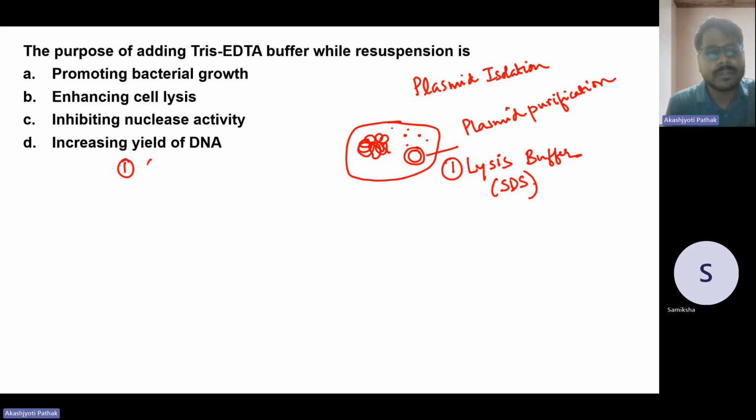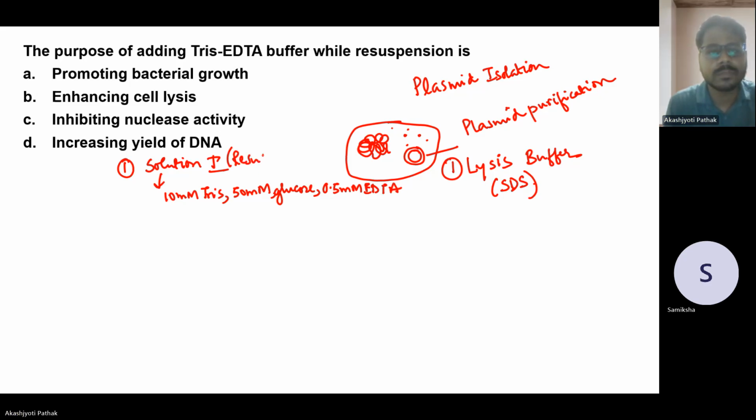First is solution one. This solution one will have 10 millimolar Tris, 50 millimolar glucose and EDTA, around 0.5 millimolar EDTA. This is called the resuspension buffer.